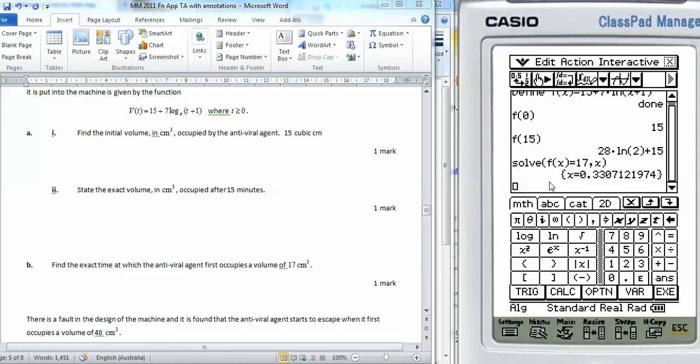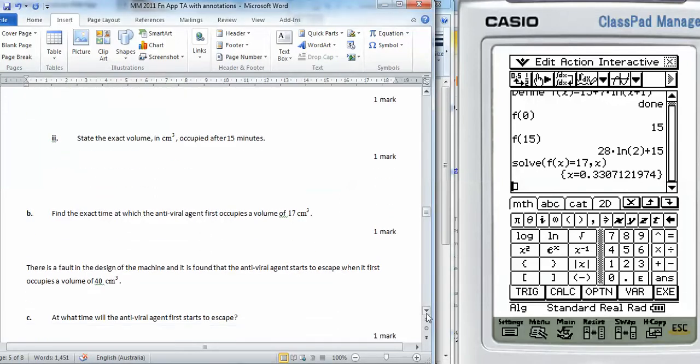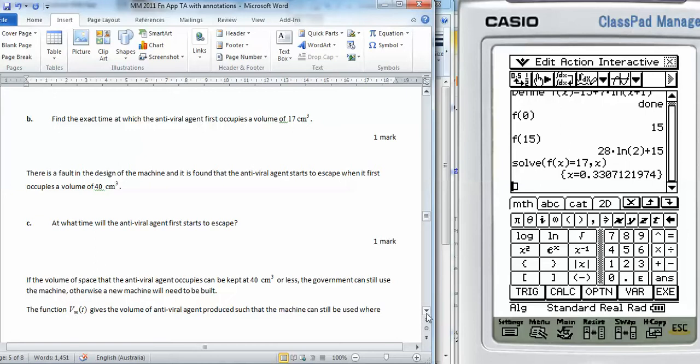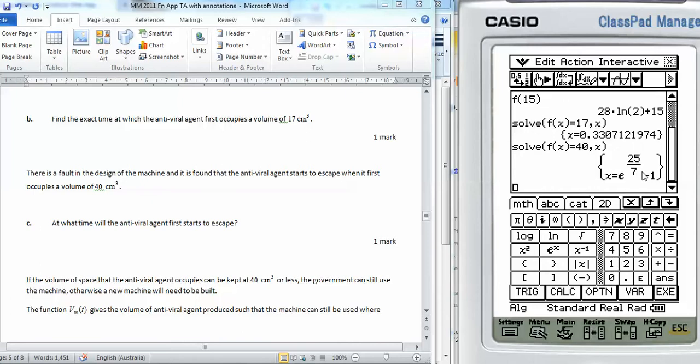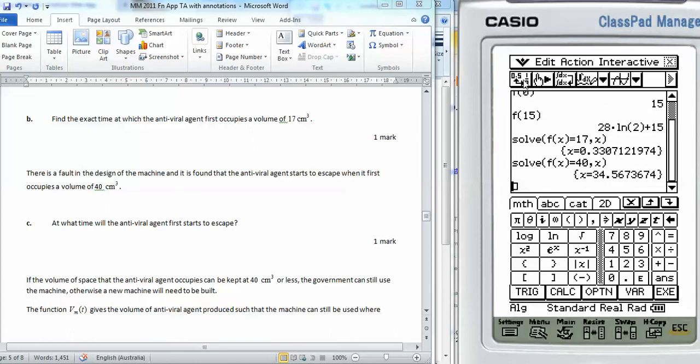Okay. So down to part C. There's a fault in the design of the machine, and it is found that the antiviral agent starts to escape when it's occupied 40. When will it start to escape? So I need to solve all of that, but I wish to solve it for when it equals 40. And I get that particular time. If I take that answer, it's after 33.56 minutes.